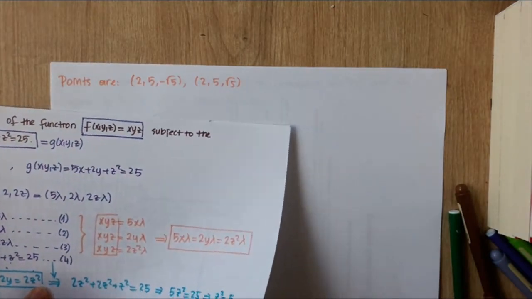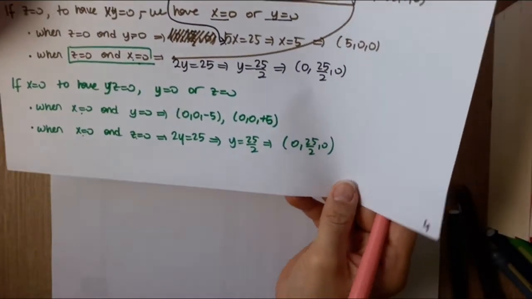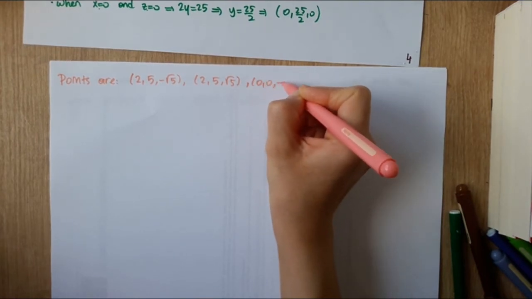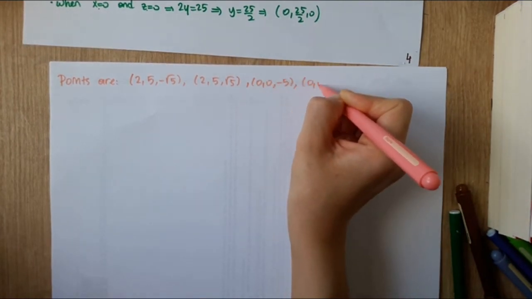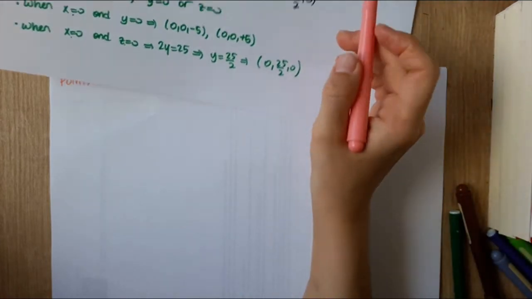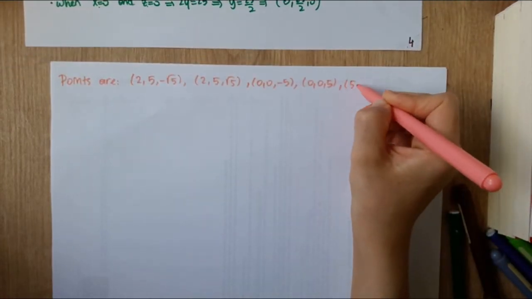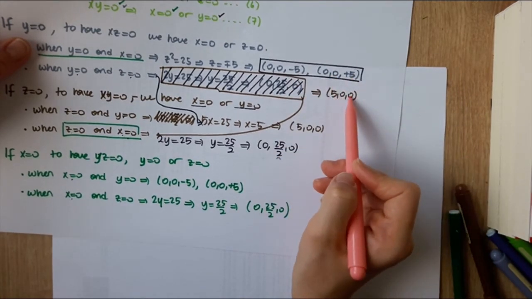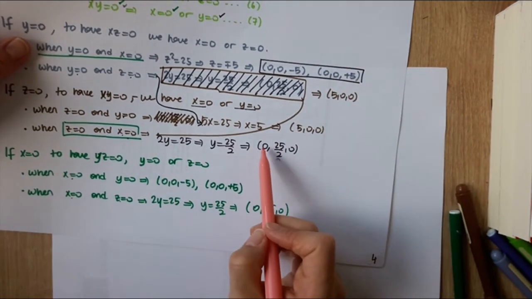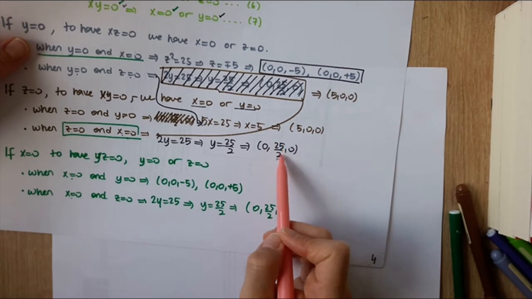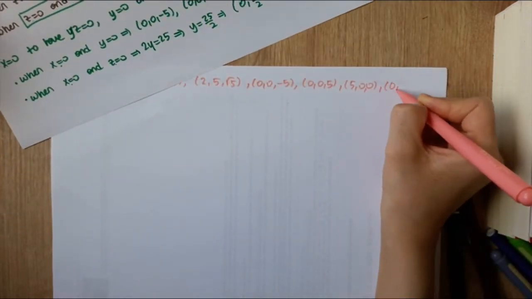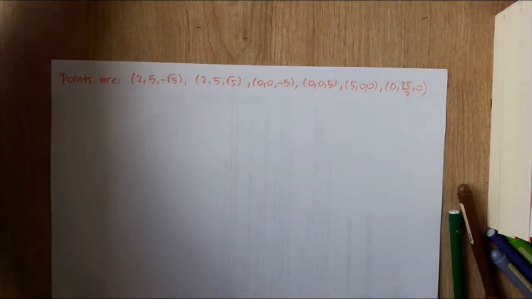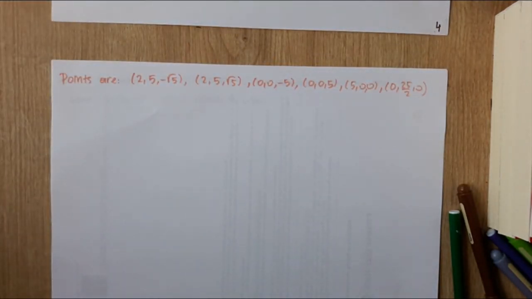And if lambda is 0, this time we have first of all (0, 0, -5), (0, 0, 5), and (5, 0, 0). And also we have one more point, (0, 25/2, 0). So we have 6 different points.